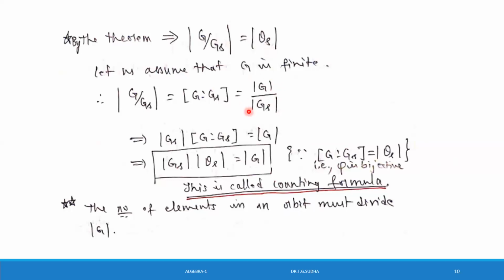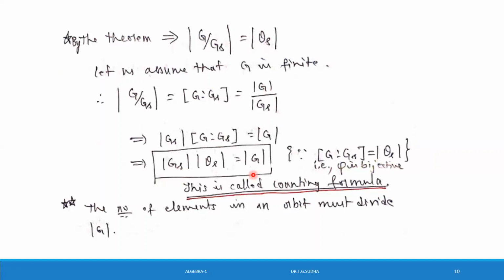So when we substitute this value on the left-hand side, after cross multiplication we get order of Gs into index of Gs in G is equal to order of G. So we get order of Gs into order of Os is equal to order of G, because we have the index of Gs in G equal to the cardinality of Os, since phi is a bijective mapping.